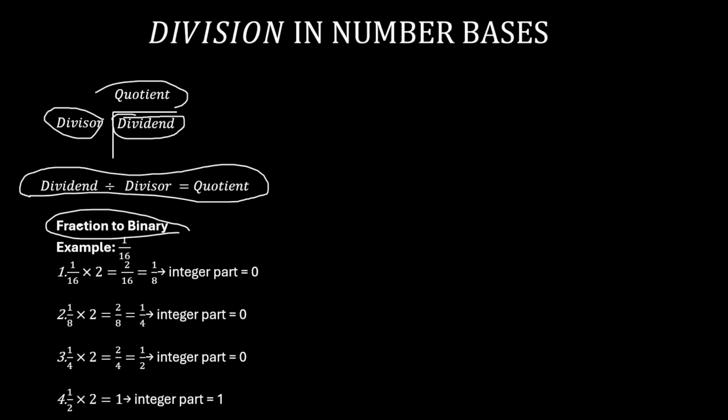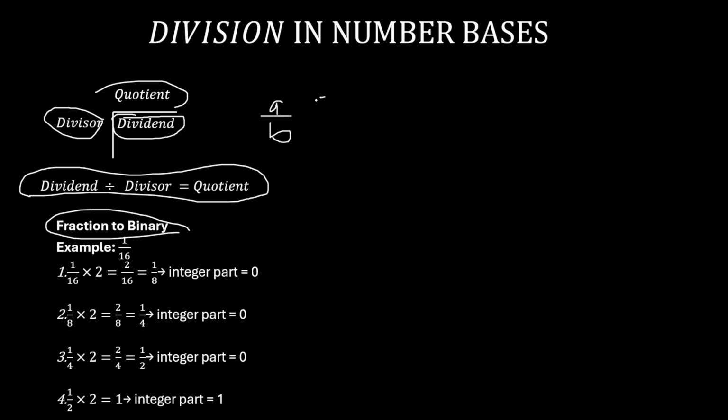We want to see a fractional number, a number in such a way that A is divided by B, such that B is not equal to 0 and A is not equal to 0. Are you getting me? And B is not equal to 1. If B is equal to 1, that is a whole number.